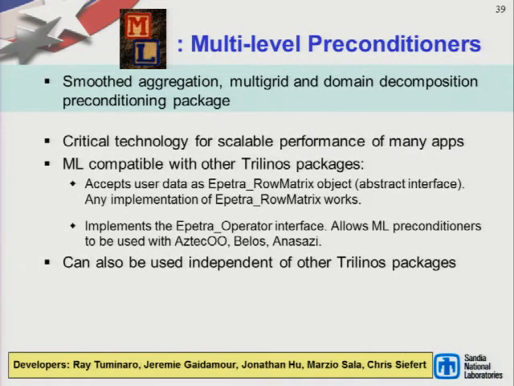ML is our multi-level preconditioning package. It has a Tpetra version as well, but I won't go into detail about that today. It primarily provides smoothed aggregation algebraic multigrid. So there's two basic flavors of algebraic multigrid preconditioning. There's your classical or Ruge-Stüben, which is based on finding coarse points. And then there's the aggregation family, or the smoothed aggregation family, which is based on agglomerating nodes together.